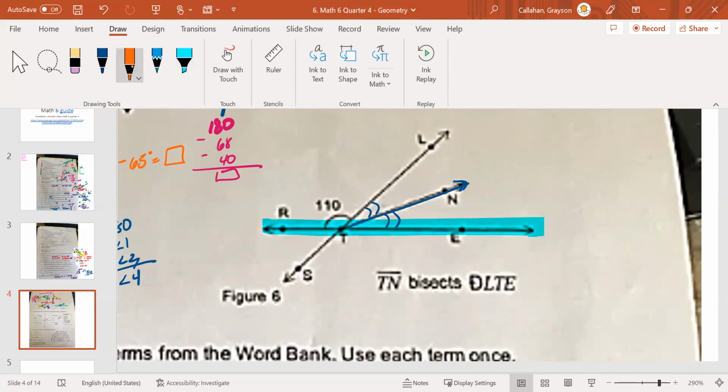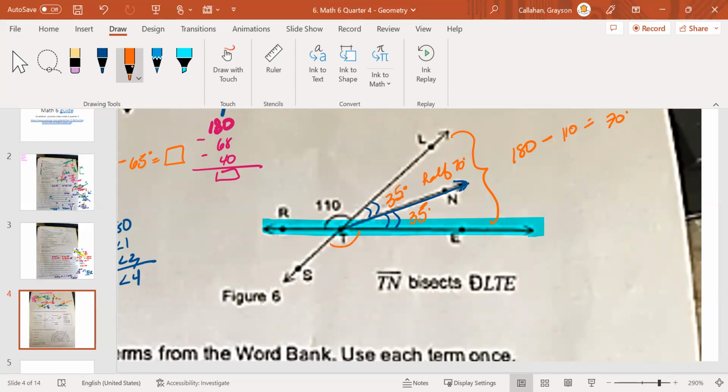If that's a straight line, to find this entire angle, that angle is 180 minus 110, which is 70 degrees, right? If these two angles are equal, each is half of 70 degrees. What's half of 70? 35. 35 degrees for each of these, right?